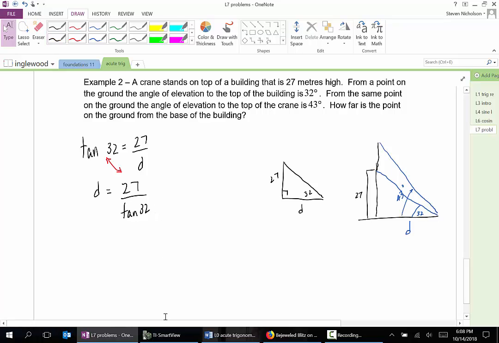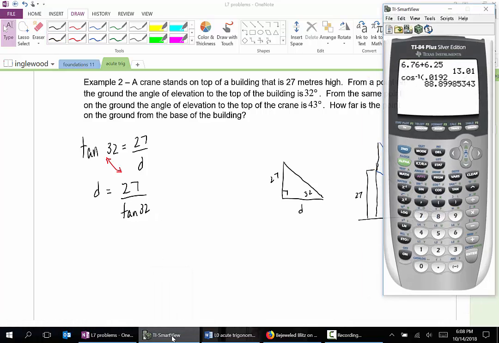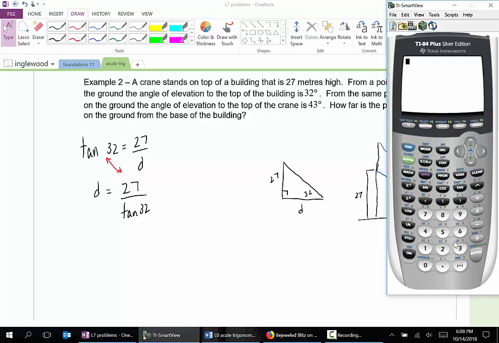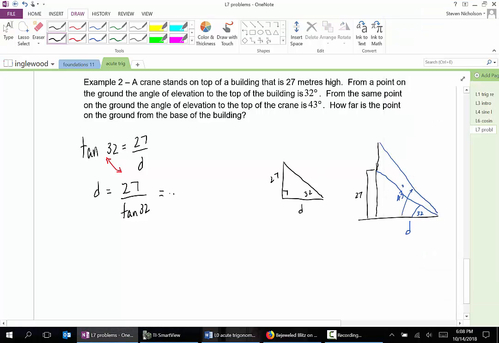But what I'm going to do is plug it in exactly as we see it. So we're going to have 27 divided by the tangent of 32. And we're just going to hit enter. And my calculator says 43.2. And 43.2 in this case would be meters.